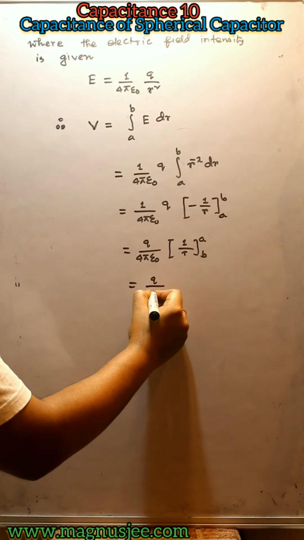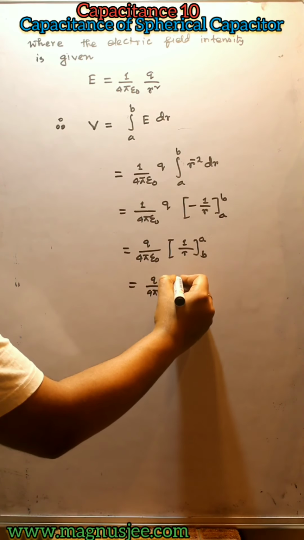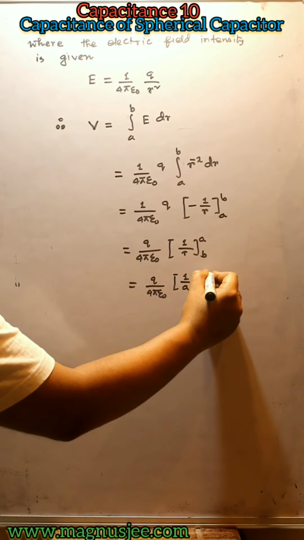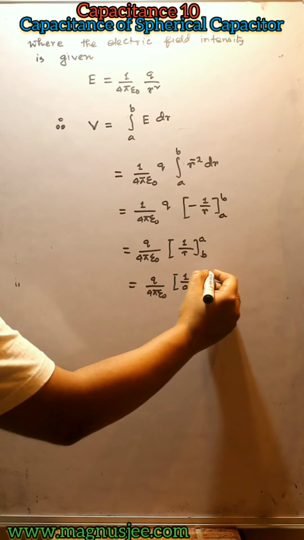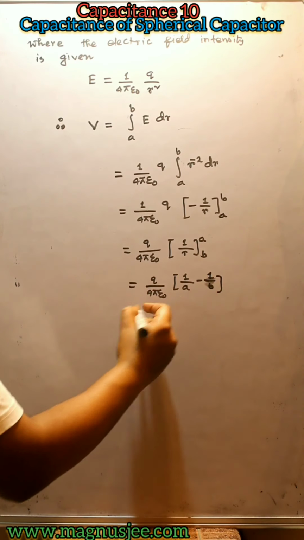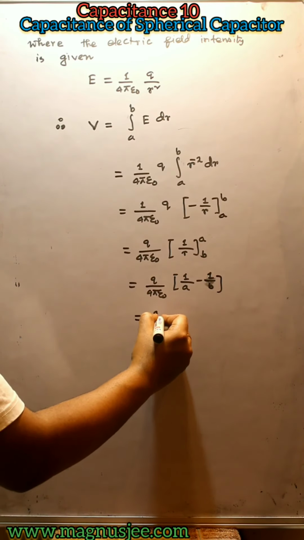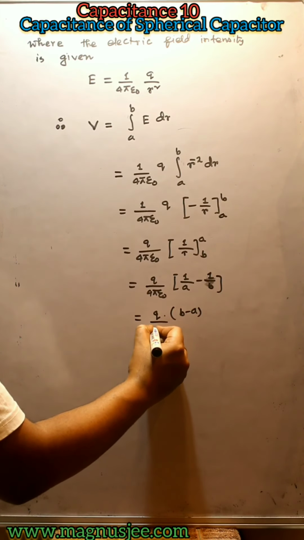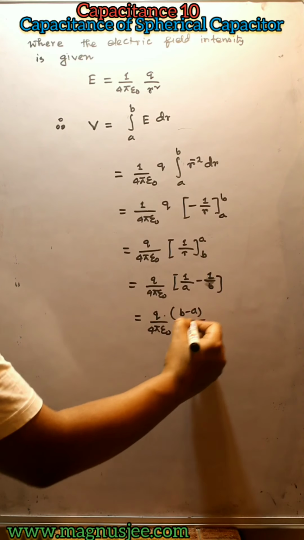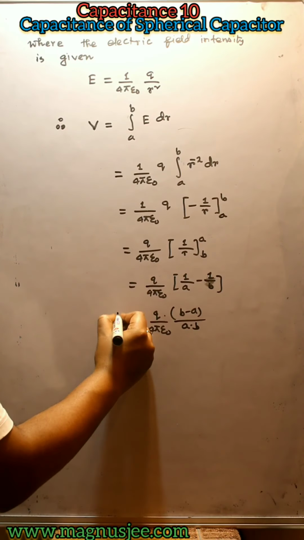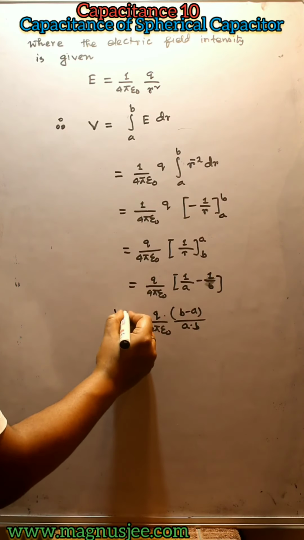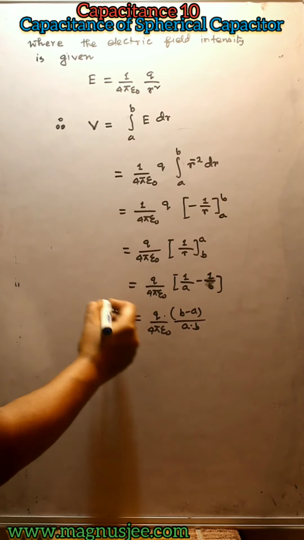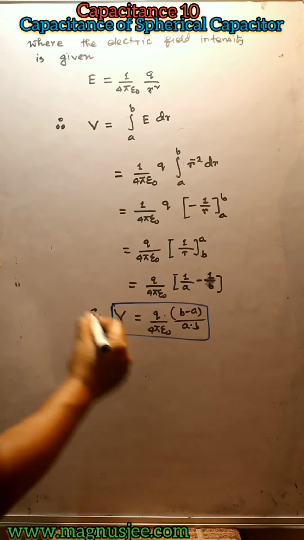So q by 4 pi epsilon 0 times 1 by a minus 1 by b, which equals q by 4 pi epsilon 0 times b minus a divided by a dot b. We get the potential difference between the two points a and b of the two spherical shells.